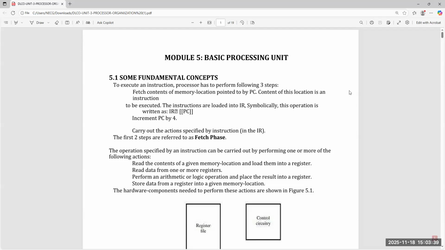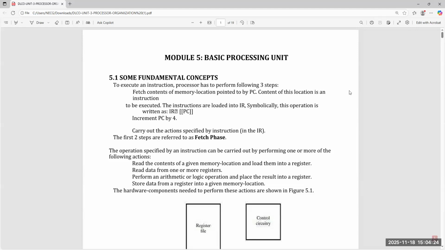So what is the program counter? The program counter is a register in a computer processor that keeps track of the memory address of the next instruction to be executed.